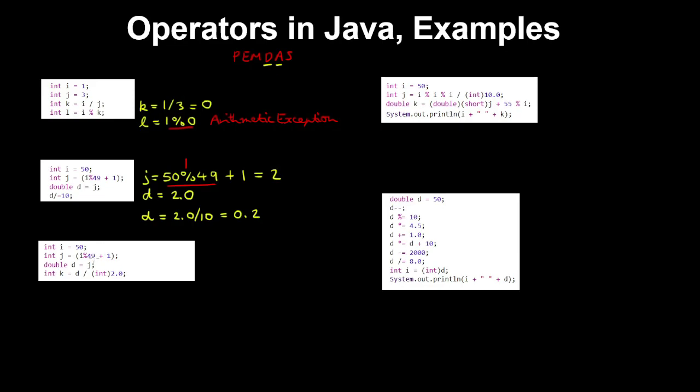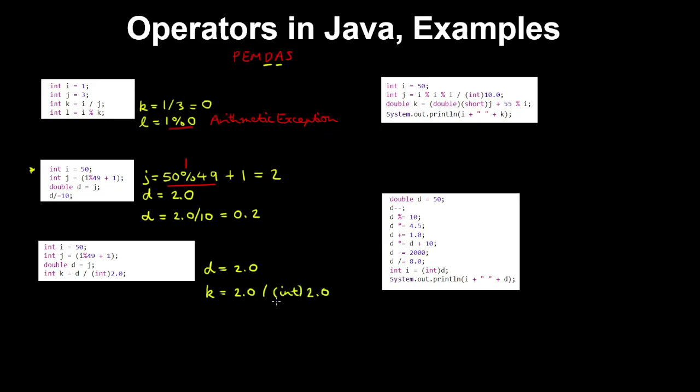Now in the third program, the first 3 lines are identical to this program, so therefore d is 2.0, and then k is equal to d divided by 2.0, which is cast to an int.